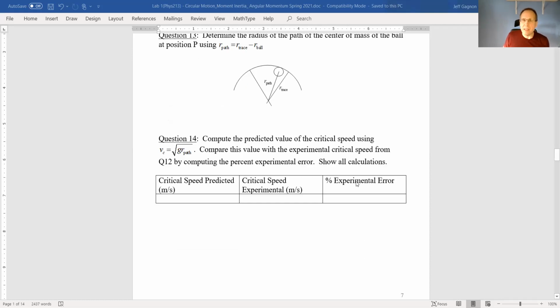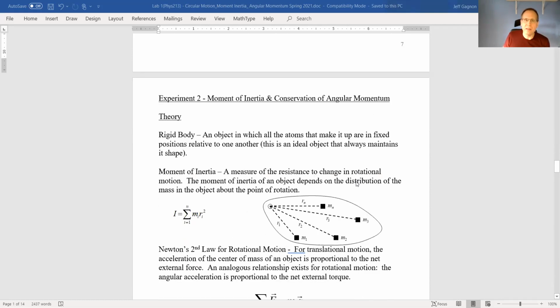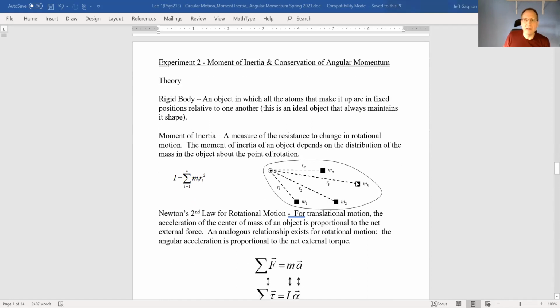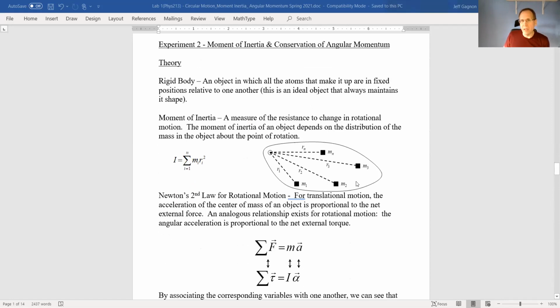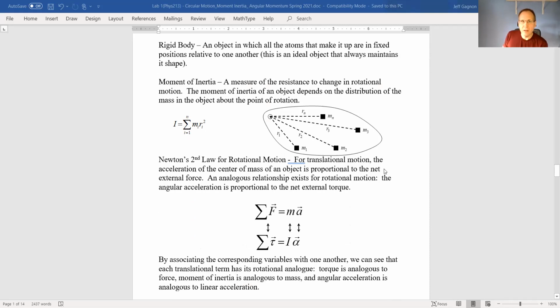Okay, so that's it for the circular motion part. The second experiment is going to deal with, again, we're going to look a little bit at moment of inertia and conservation of angular momentum. Okay, so first, a few things I need to define here.